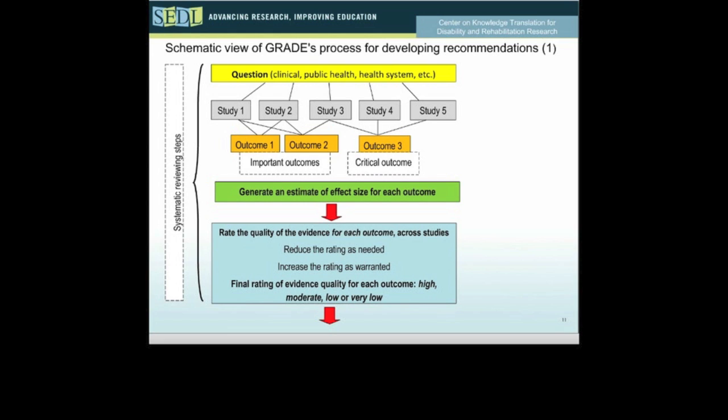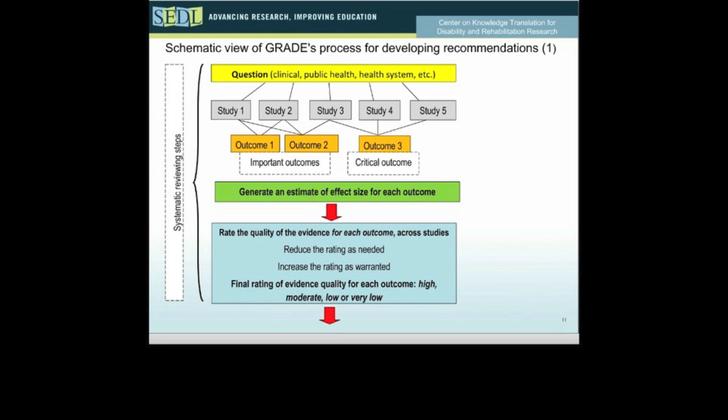As I indicated before, GRADE distinguishes various outcomes, and those are in orange here. And it splits them between important outcomes and critical outcomes. And you can imagine that, if it comes down to a toss-up what to use, you would rather focus on the intervention that is best for the critical outcomes than the ones that are optimal for the important outcomes.